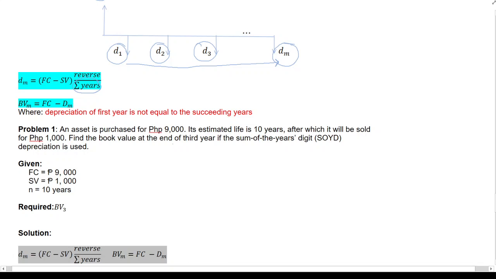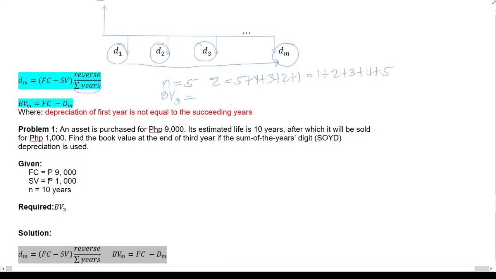Okay, so for the reverse, if it is required to find the book value at an nth term, we just use the reverse. So if, for example, n is equal to 5 years, and we are asked to have the book value at the third year, we just use this one. The summation is 5 plus 4 plus 3 plus 2 plus 1, or 1 plus 2 plus 3 plus 4 plus 5 until the fifth year.